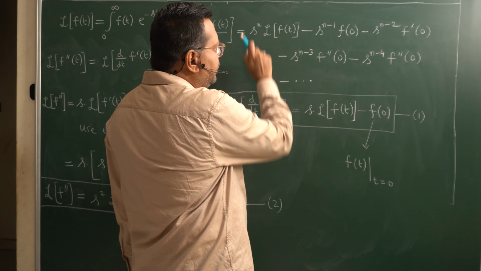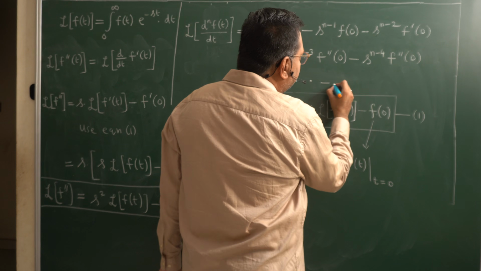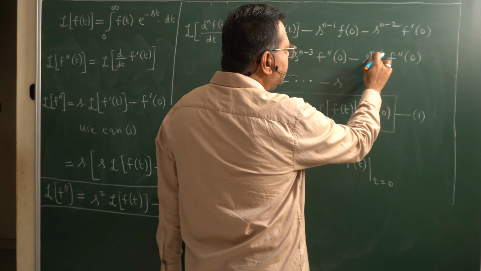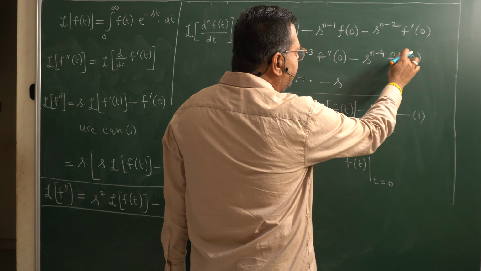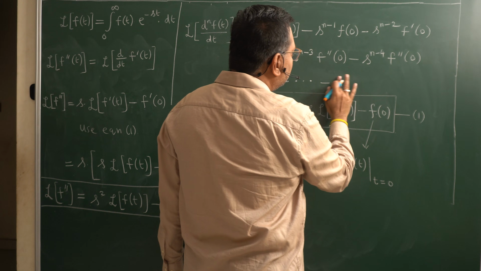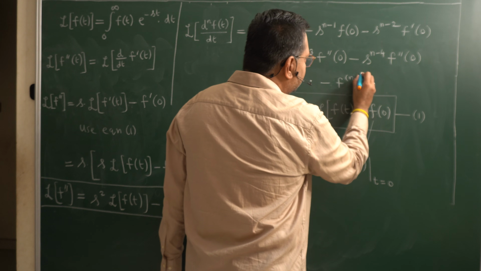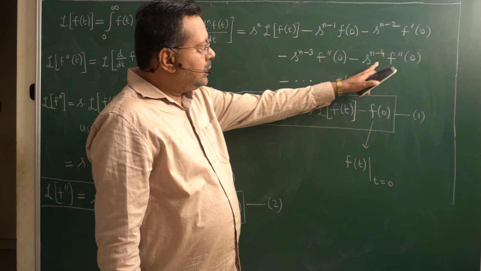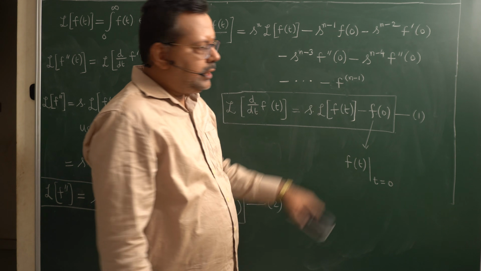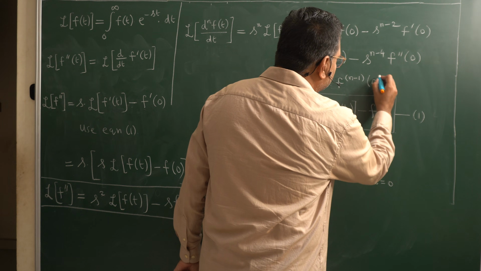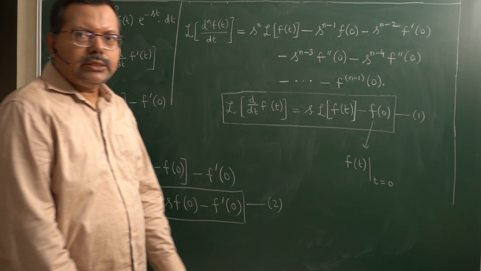So this is the nth derivative. Therefore where will it end? It will end in the derivative which is one less, that means n minus 1. So I can now write down that this is f superscript (n minus 1). The meaning of this bracket n minus 1 is that n minus 1 number of times I am differentiating, and the value is at 0. So that is the answer.